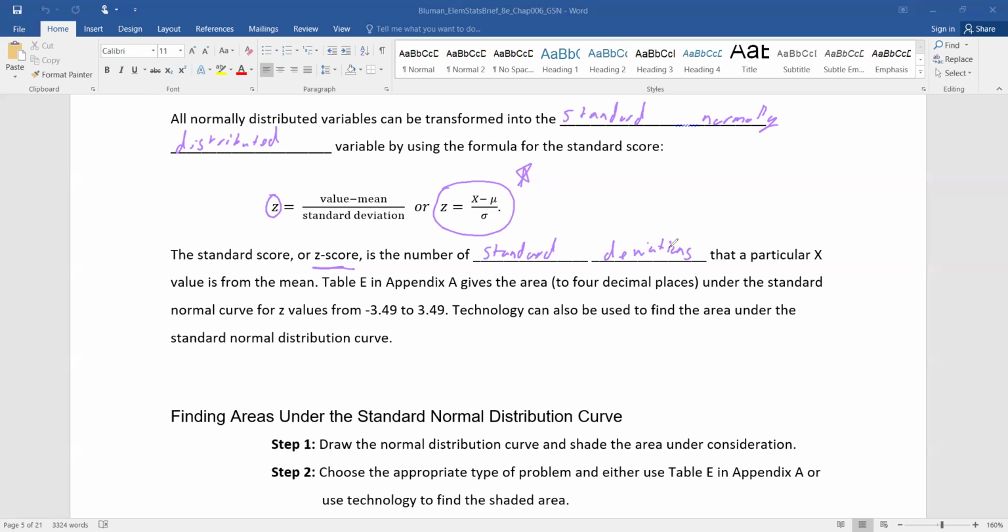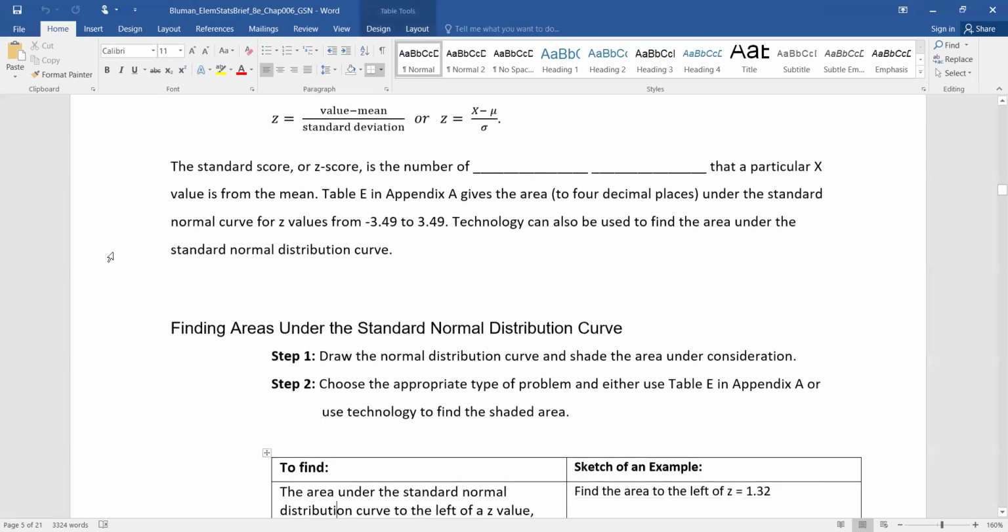What it does is give you the area to about 4 decimal places under the standard normal curve for each z value from negative 3.49 to 3.49. Technology can also be used to find the area under the standard normal distribution curve as well. But with these formulas, it's pretty quick to get the answer using the chart. Without the chart, definitely going to need the calculator.